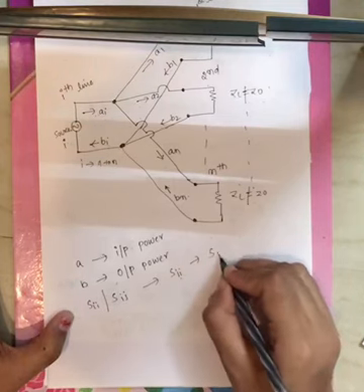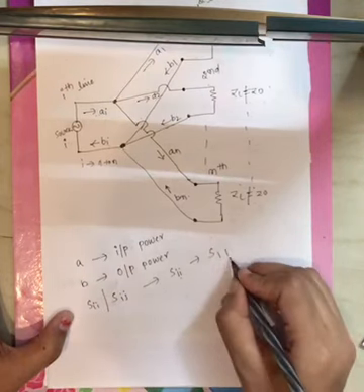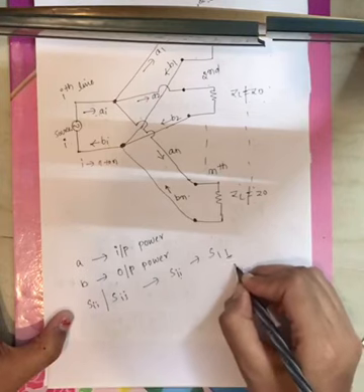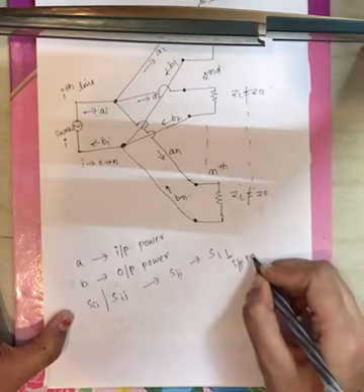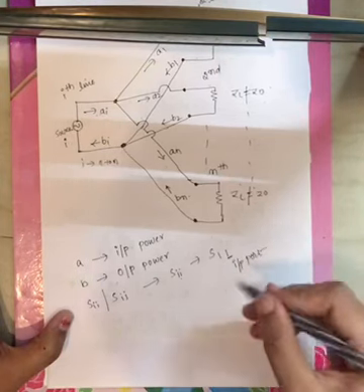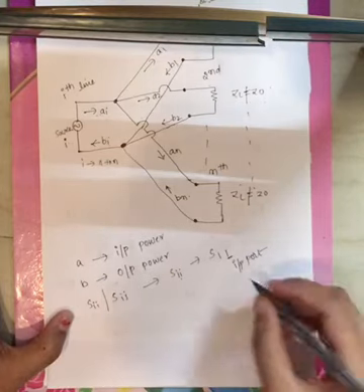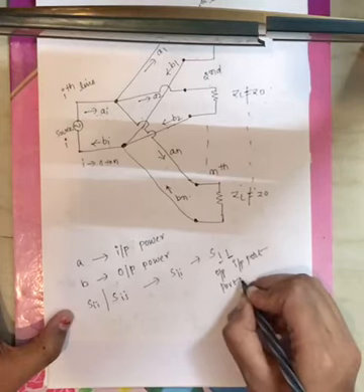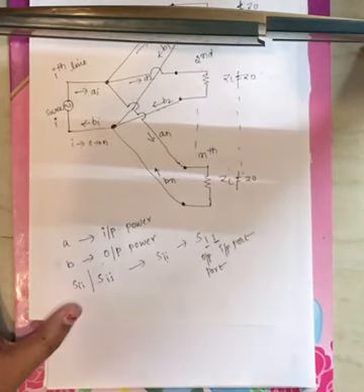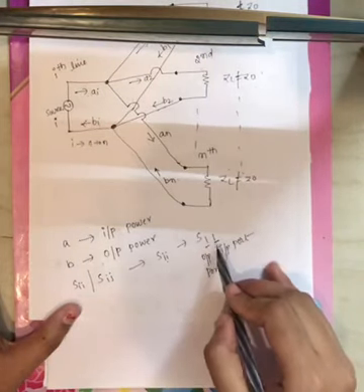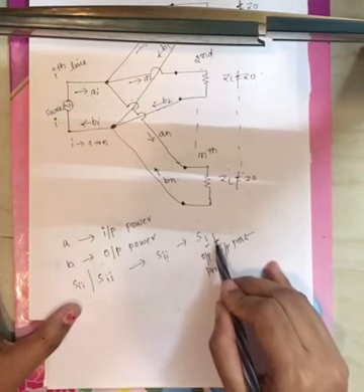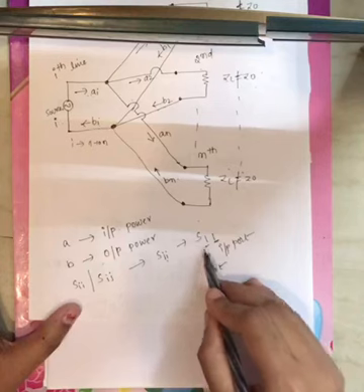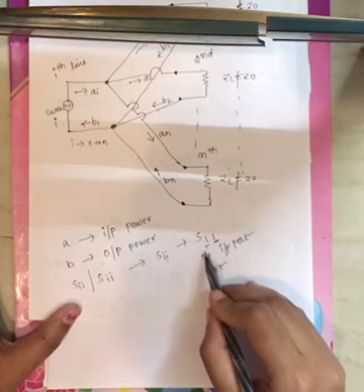Now consider S11. The second index is nothing but the input port, or input to that particular transmission line, and the first index is nothing but the output port, or output from that particular transmission line. S11 indicates you are giving input to the first transmission line and collecting output from the first transmission line.